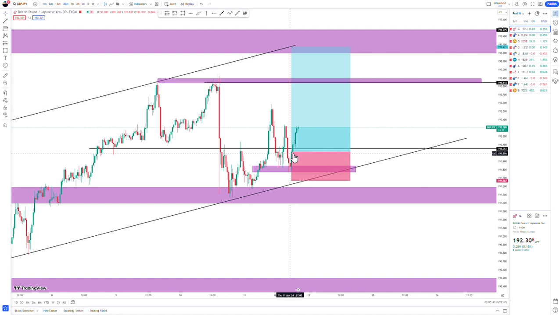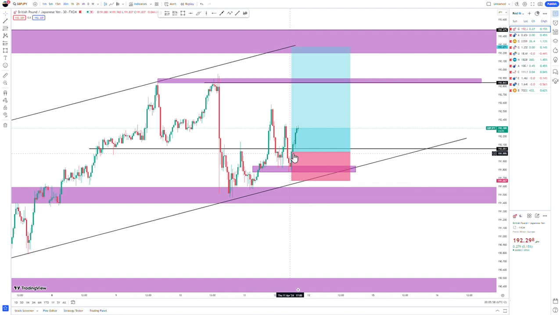That is a charting stop. I don't have a fixed pip stop. I don't do 30 pips stop loss, 20 pips, 15 pips, 10 pips. I don't do that.